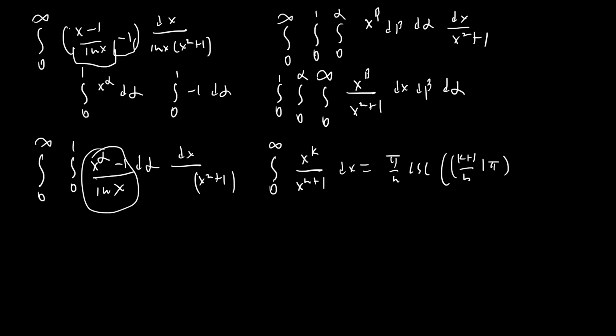So what that's going to look like in this case is our value of k is just beta, and our value of n is just 2. So pi over 2 cosecant of beta plus 1 over 2 times pi, which is the same as pi beta over 2 plus pi over 2.